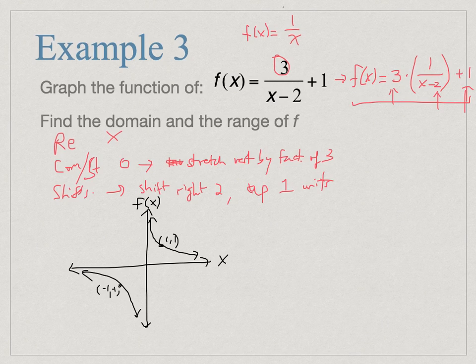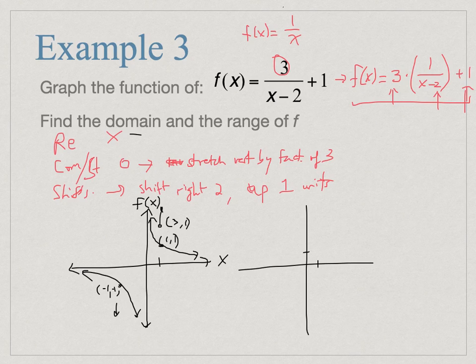All right, so let's do our first transformation. Are there any reflections? No, so we're going to skip this step. Is there any vertical stretch? Yes, there is. How is it going to change it? It's going to stretch it vertically by a factor of 3. So that means when x is 1, my output is going to be 3, so the point is 1, 3. Let's redraw that over here just so you can see it.